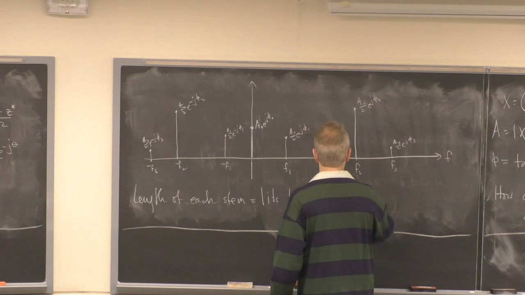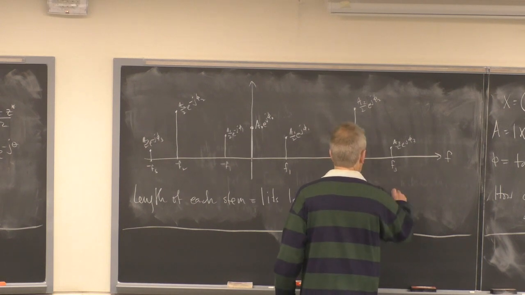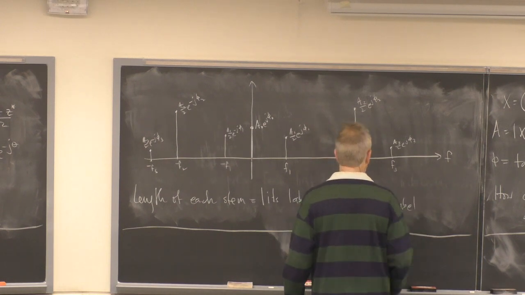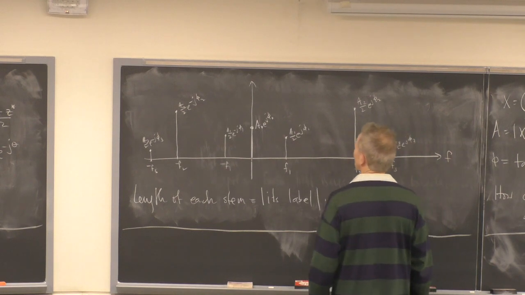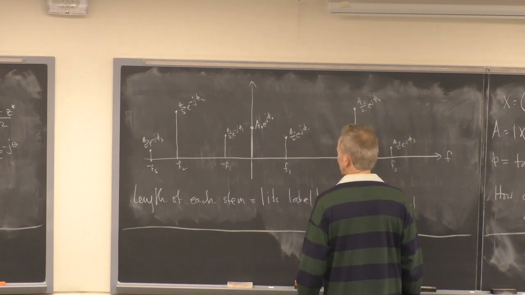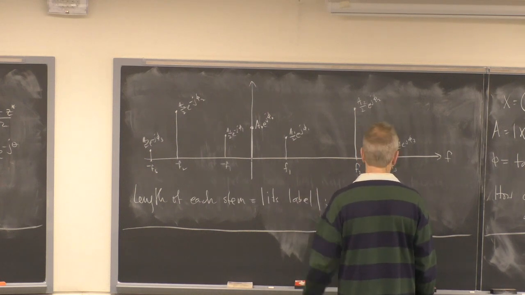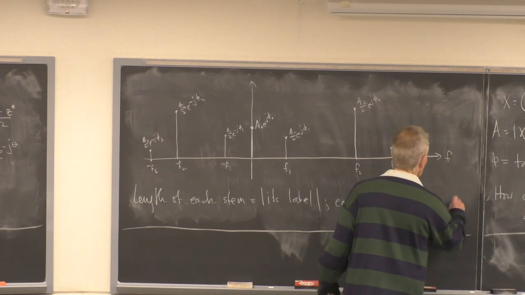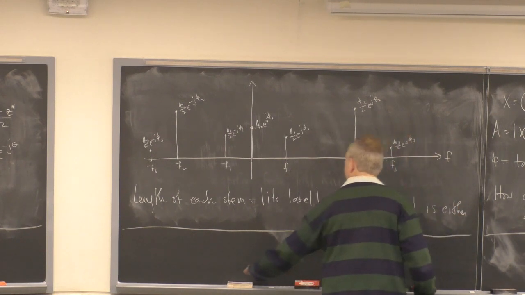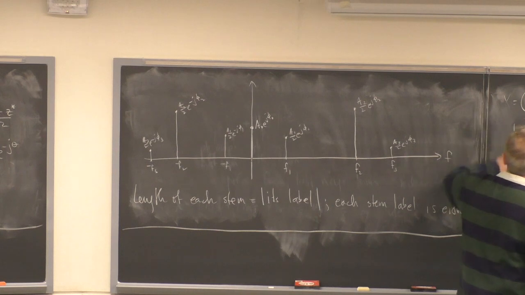So each stem label is essentially either the complex conjugate of or the actual thing. So it's either the phasor amplitude over 2 or its conjugate.